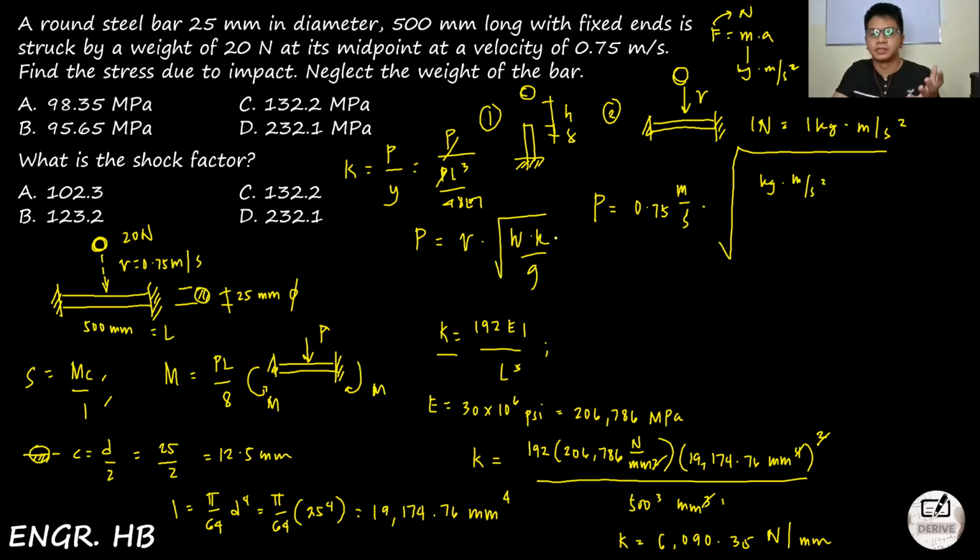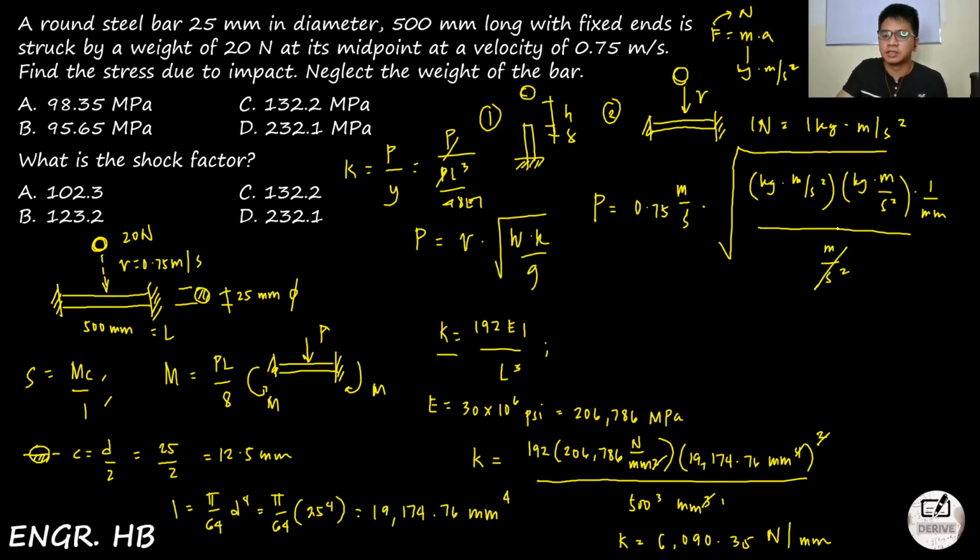So, this Newton is for the W or weight. Kilogram meter per second squared. And for the K, that is a Newton per mm. So, another kilogram meter per second squared. Of course, that's an mm. Kasi nga, Newton per mm. Divided by G, which is meters per second squared.